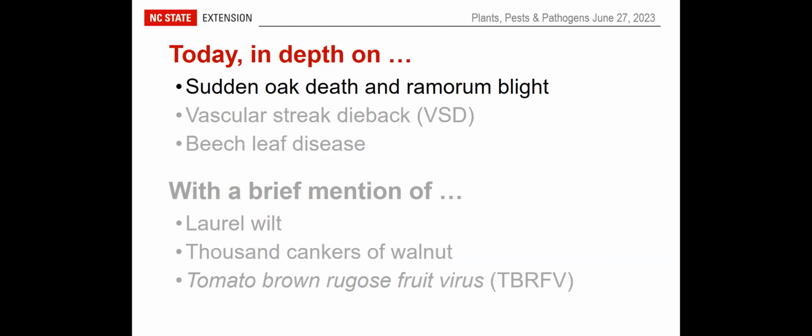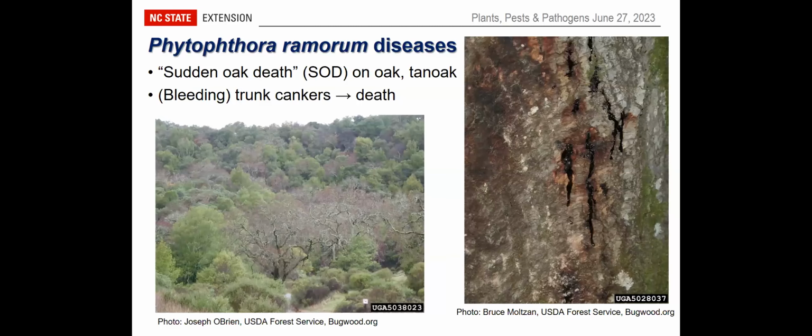Starting then with sudden oak death and ramorum blight. These are grouped together here under what we could call Phytophthora ramorum diseases, Phytophthora ramorum being a particular species of this fungus-like organism. And the phrase sudden oak death refers to how it manifests on oak and tanoak, particularly the oaks in the red oak group.